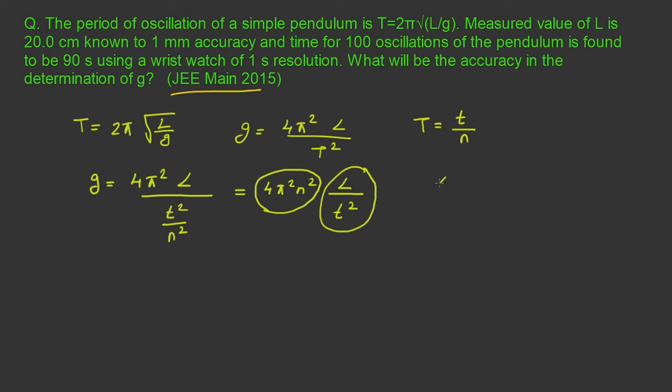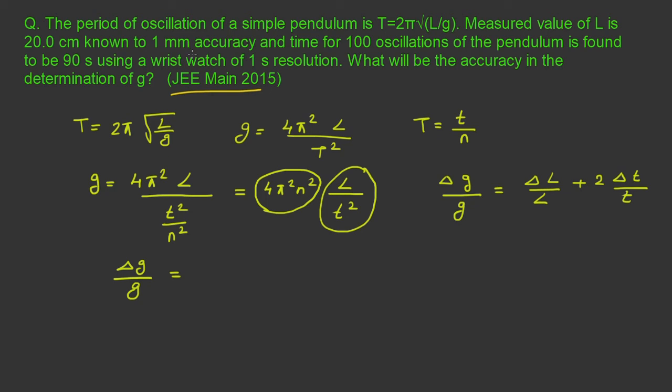Therefore, I can write the relative error delta g by g is equal to delta L by L plus 2 into delta t by t. Substituting the values given in the question, delta g by g is equal to delta L by L. Delta L is 1 millimeter and L is 20 centimeter.